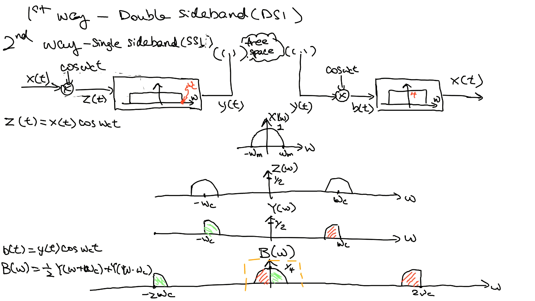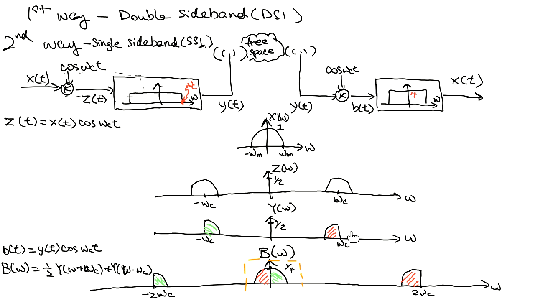Now I want to talk about why we care. What's so different about it? The important thing here, in fact the only difference, is that in the first way, for double sideband, we actually transmit z of t. In the second way, we transmit this y of t. Now look at the difference in the spectrum.